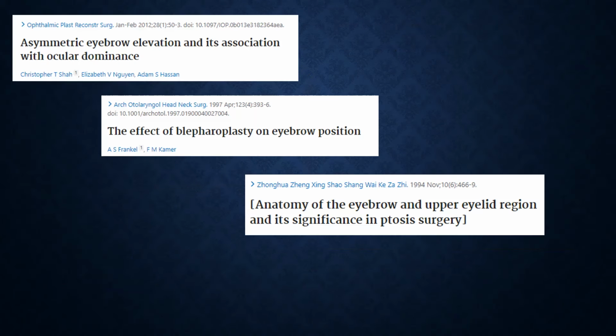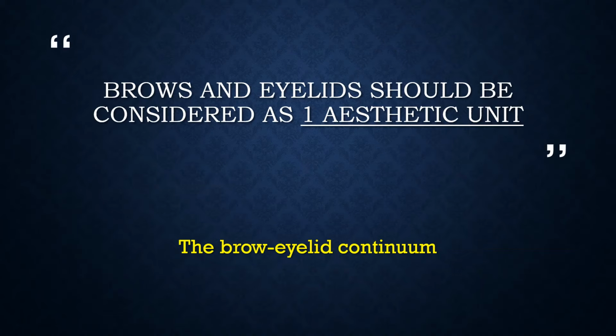These are some of the papers which have talked about some of these phenomena that I'm talking about. And in general, it is clear that the eyebrows and the eyelids have to be considered as one aesthetic unit. You cannot look at one without taking the other into account, and you should not be evaluating the eyelid skin without looking at earlier photographs, which demonstrate brow descent and show us what the anatomical position of the brow used to be earlier.